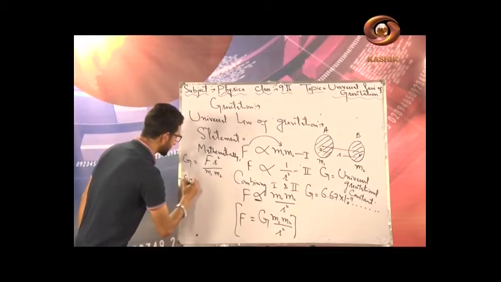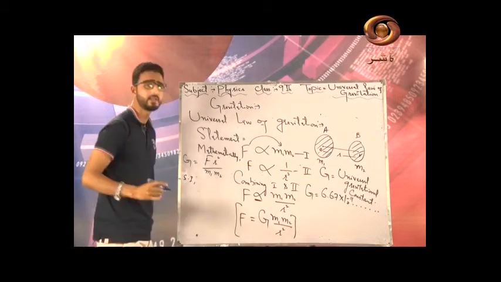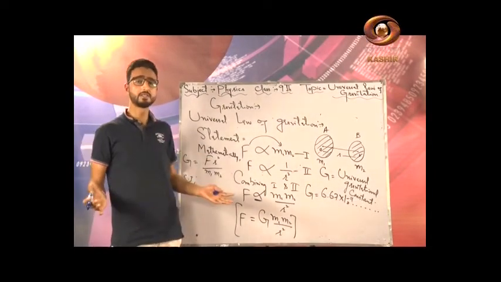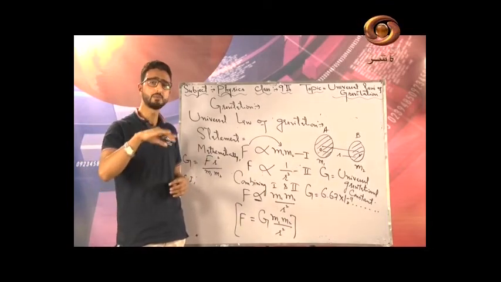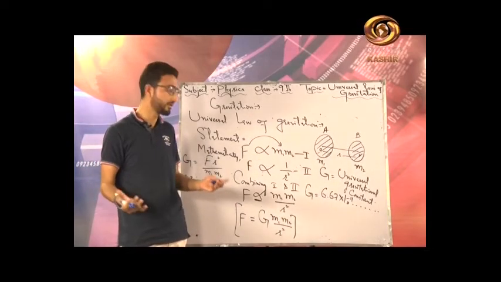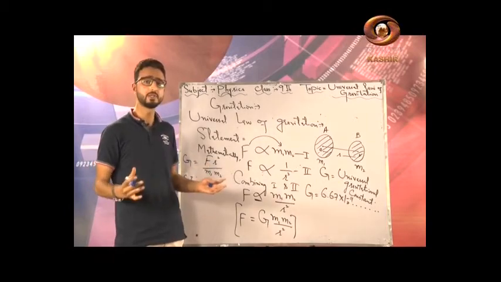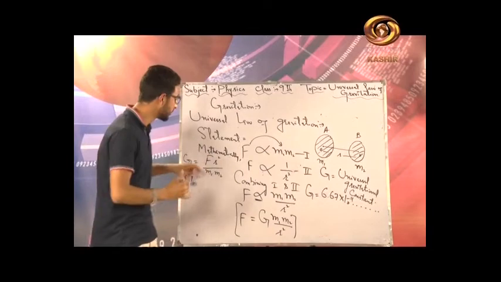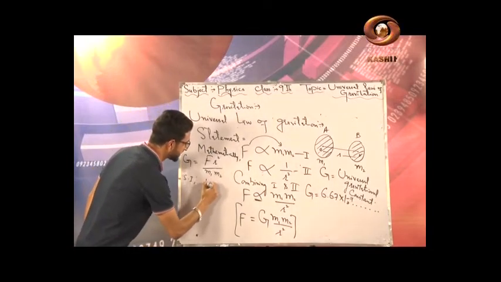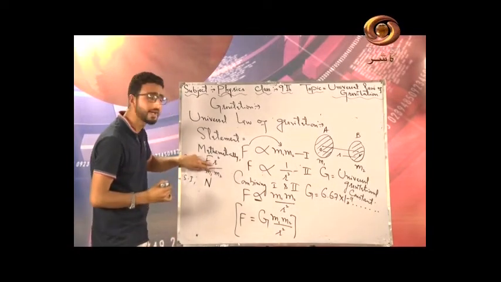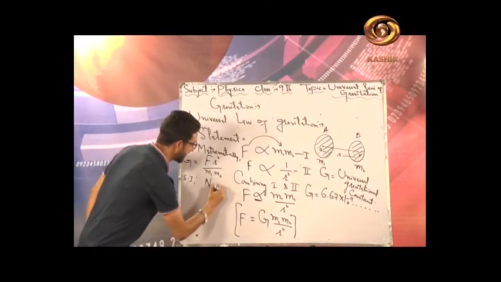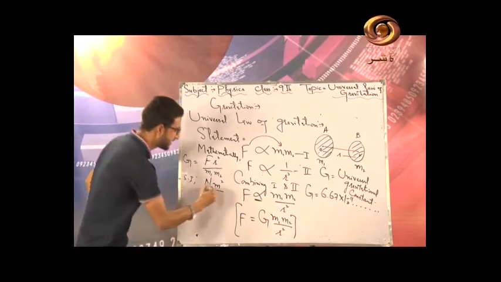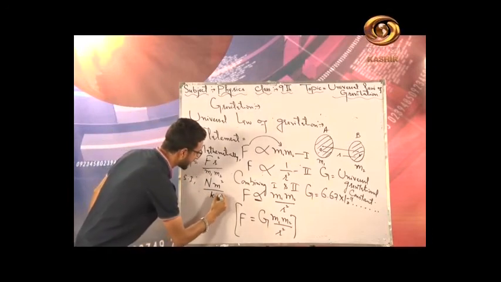So what is the SI unit of this universal gravitational constant? How will we find it? You are familiar with the concept of force. In the chapter on motion and the laws of motion, you have heard about the description of force as well. So what is the SI unit of force? It is Newton. What about the SI unit of distance? Meter. So here it will be meter square, and the SI unit of mass is kg, so the denominator will have kg square.